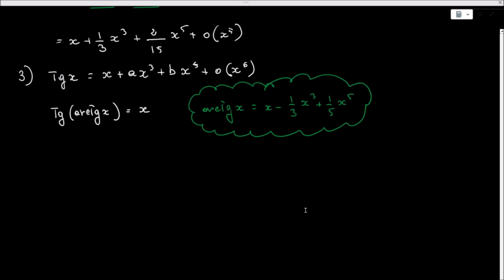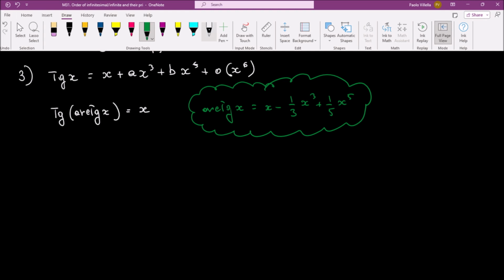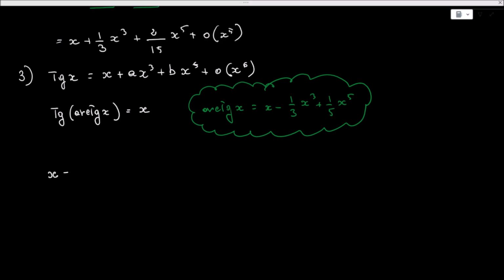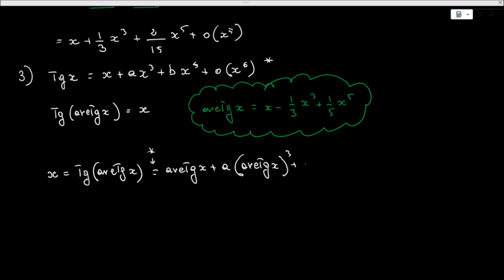So let's write this equation. x, we said that this is equal to the tangent of arc tangent of x, and by using the first assumption, we can rewrite this as arc tangent of x plus a times the arc tangent of x to the cube plus b times the arc tangent of x to the fifth plus little o of arc tangent of x to the sixth.